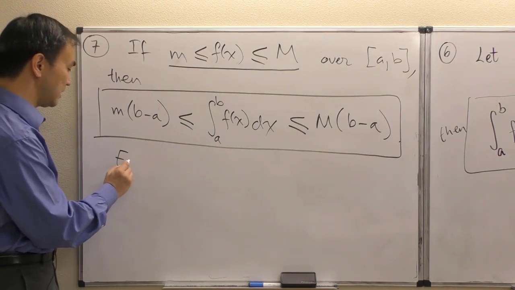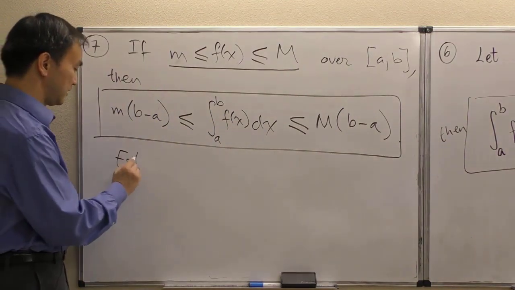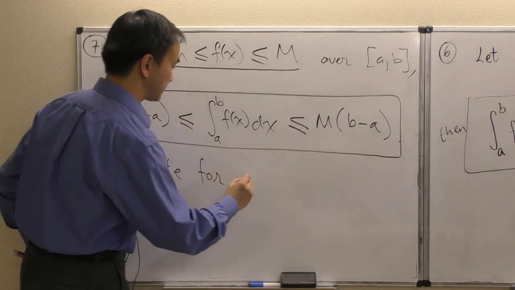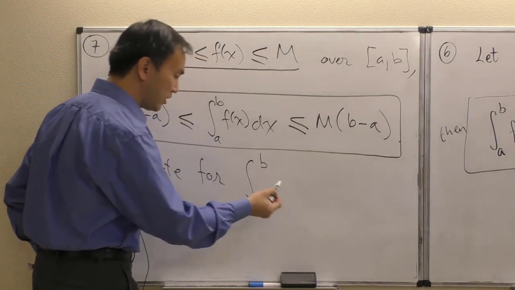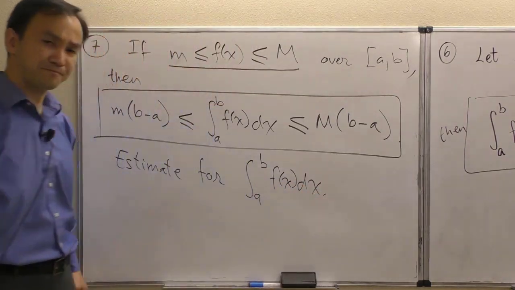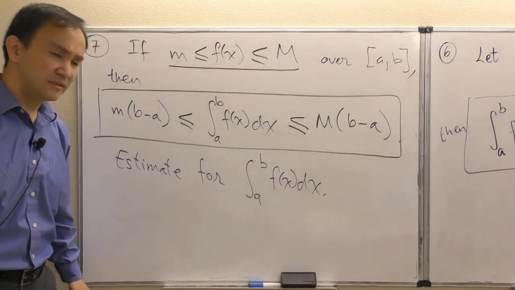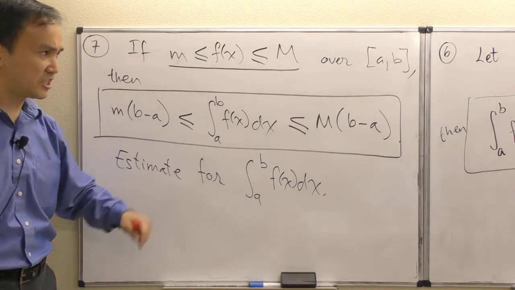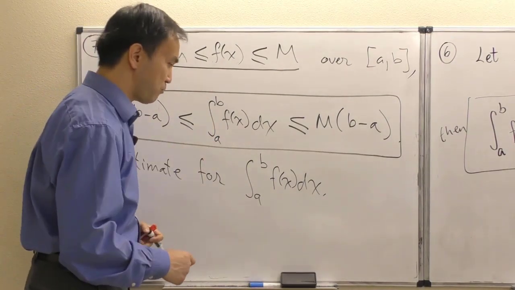So this can be good as an estimate for the integral. And this is not the only way to estimate, but at least this is the most natural one. And this comes out as a consequence of property number 6 that I pointed out earlier.